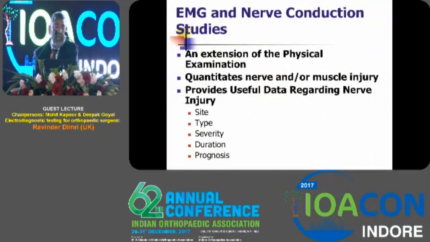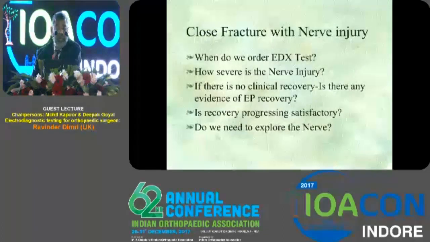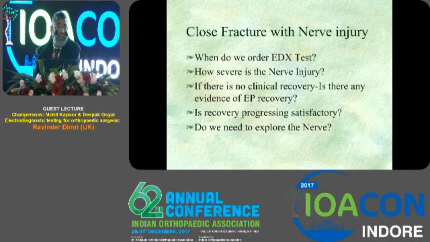So to summarize, EMG and nerve conduction study are just an extension of physical examination. They can quantitate nerve or muscle injury. They can provide useful data regarding site, type, severity, duration and prognosis of an injury. In a closed fracture, you have to wait for Wallerian degeneration and the polyphasic regeneration wave to happen.